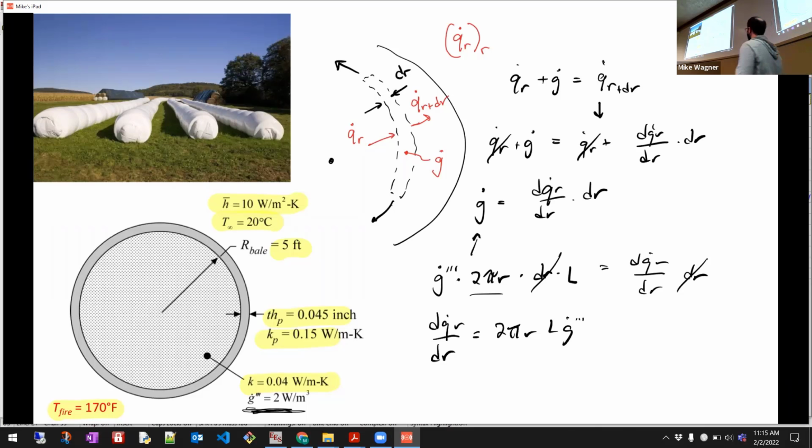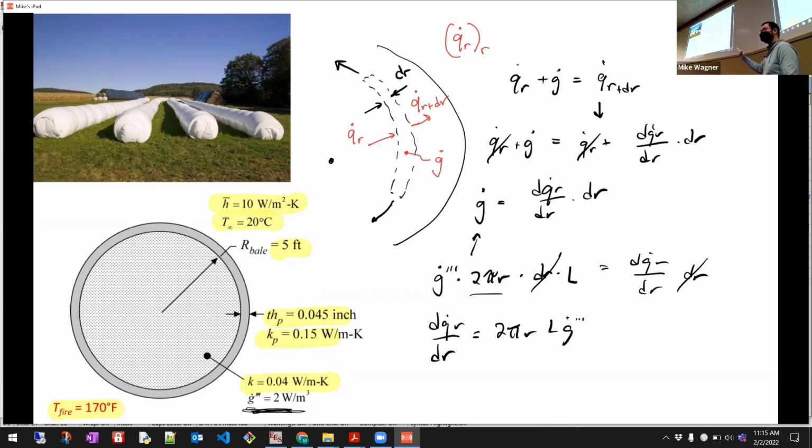Remember there are two categories of ODEs that we're dealing with here. One is our ODE in terms of heat transfer. This is usually a more intuitive one to understand than the ODE in temperature. Here dQ/dr is the change of heat transfer across this control volume.